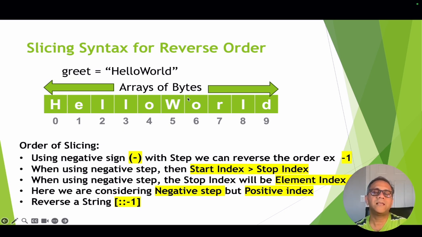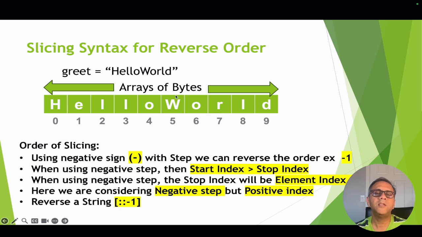Now, there are some rules. When you are using this negative step, which goes from right to left, your start parameter will always be greater than the stop parameter. Why am I saying that? If you think logically, it will be clear to you. Say you are trying to get "world" here in reverse order. If you use -1 as the step parameter, you're asking Python to go right to left.